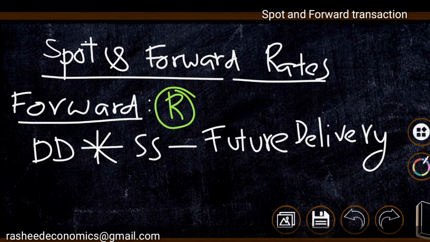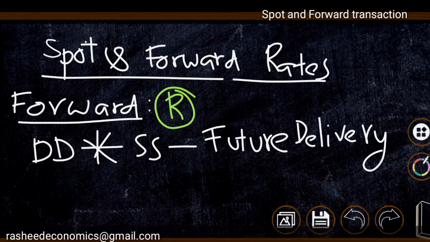We are fixing an exchange rate for a future transaction, and therefore we are considering the expected demand and supply. The current expectation of demand and supply regarding the future exchange rate will determine the demand and supply of future transaction, and it will determine the exchange rate.